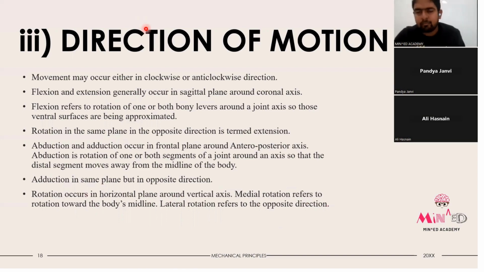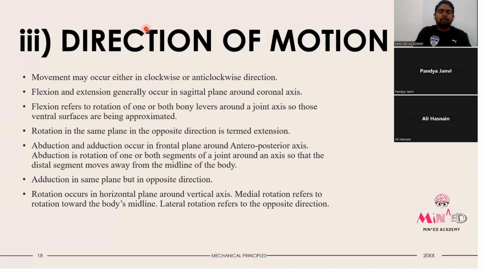So it's simple. Normally, shoulder flexion, this forward movement, occurs in the sagittal plane and coronal axis. Same with extension, it will go back. Abduction is going away from the body.